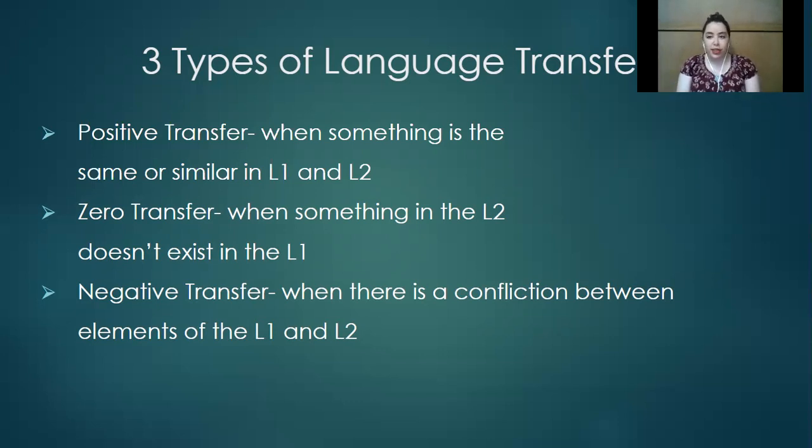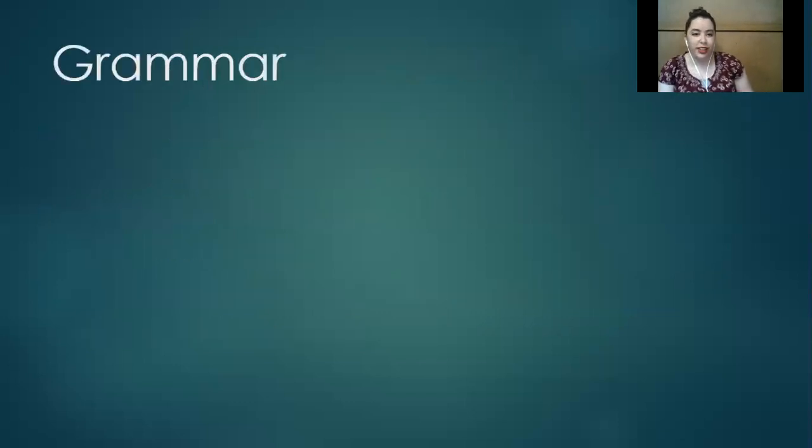So for example, the word heart in Spanish is corazón. That might be an example of zero transfer, just because it's not the same, but it doesn't really conflict with the other.